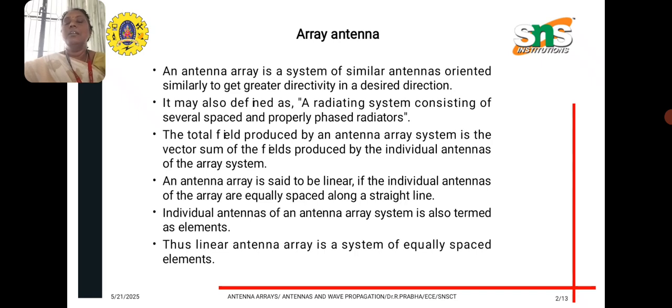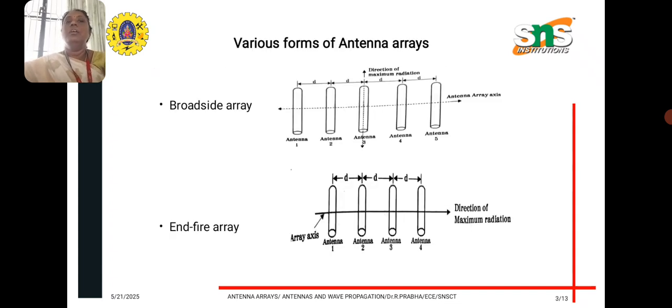An antenna array is said to be linear if the individual antennas of the array are equally spaced along a straight line. So, equally spaced antenna arrays are called linear antenna arrays, and the individual antennas in an antenna array system are termed elements. The various forms of antenna arrays are given in the picture.